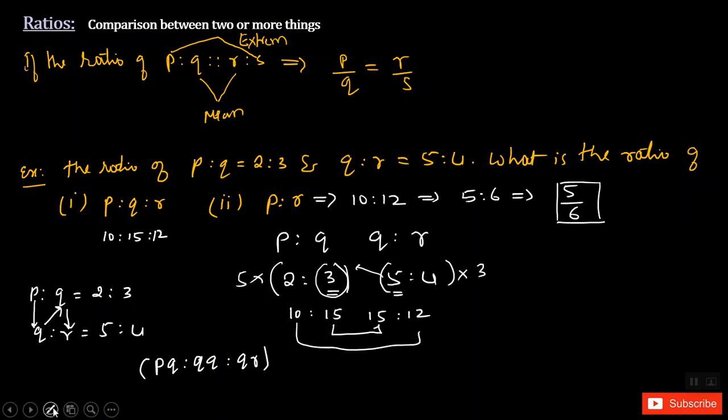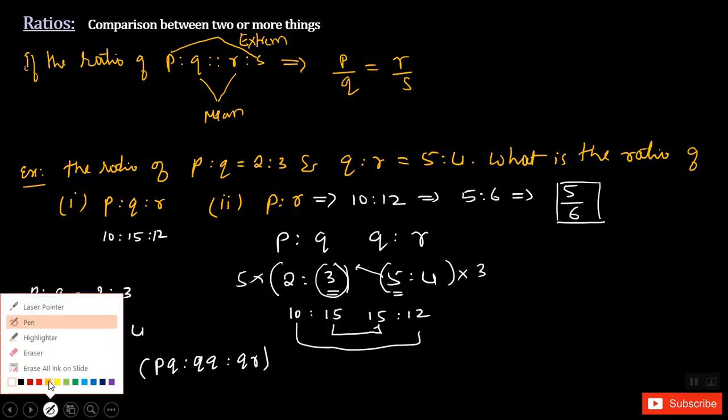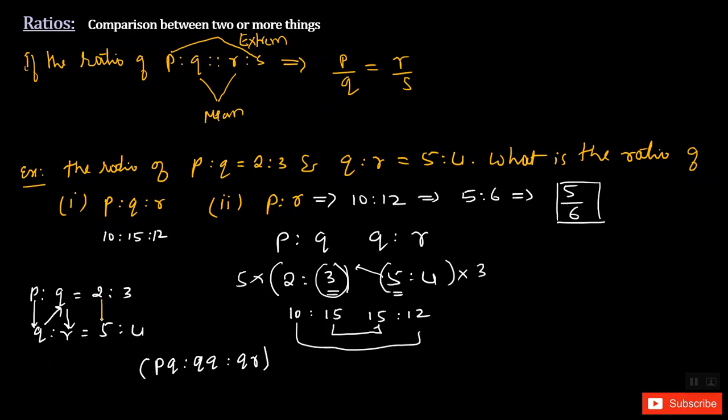So how do we do with the numbers here now? Multiply 2 times 5, that is 2 times 5, is to 5 times 3, is to 3 times 4.